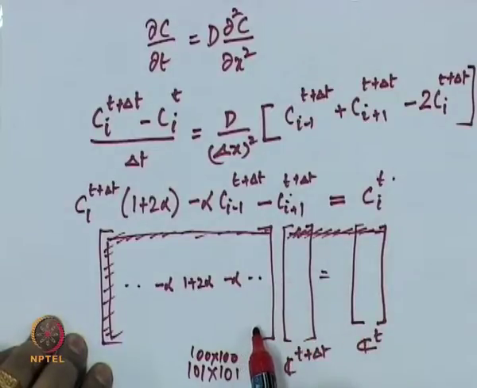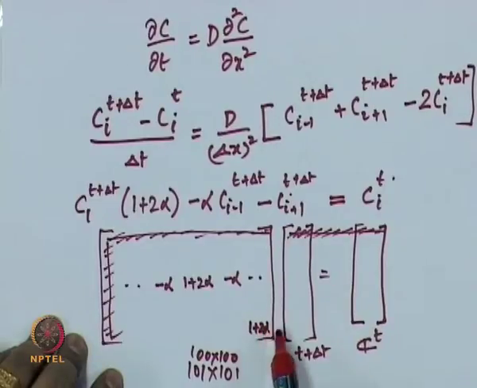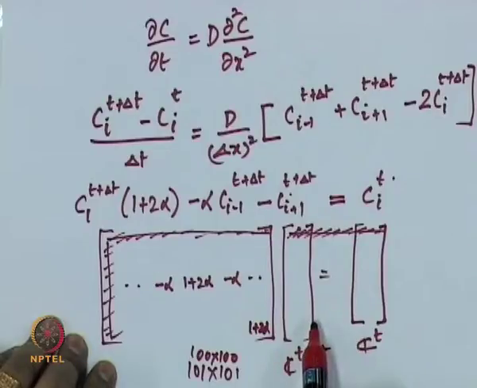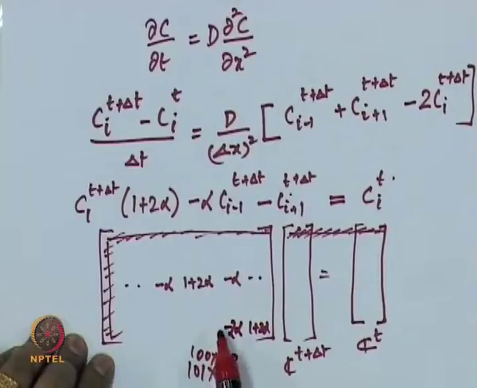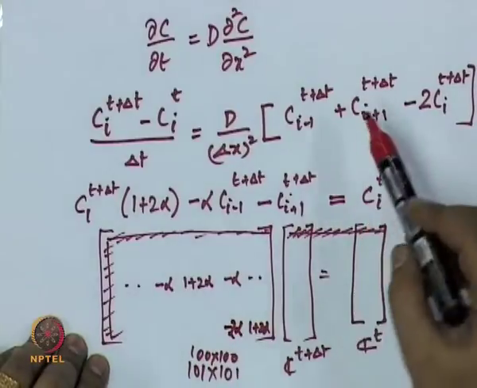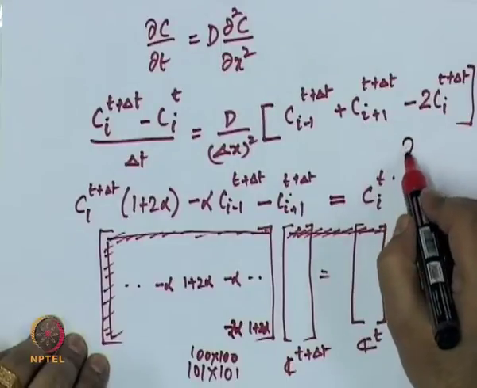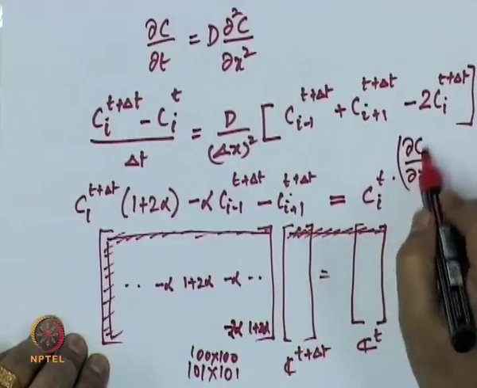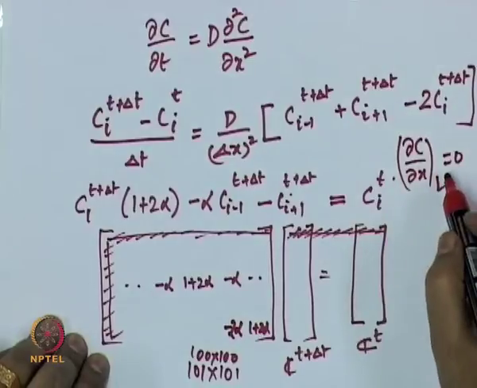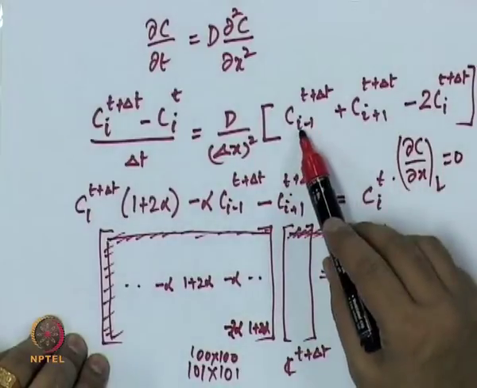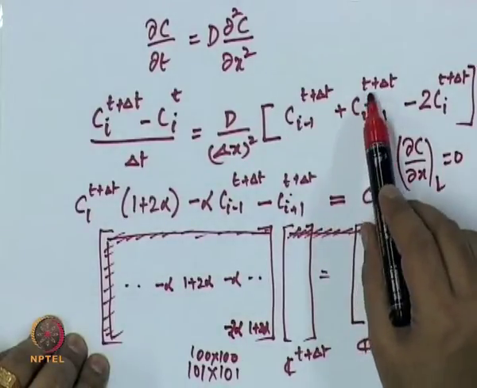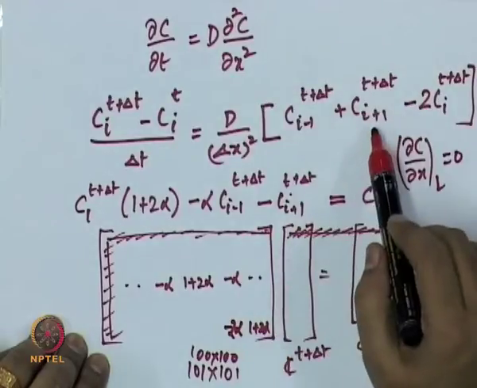We still have a problem, because when you come here, 1 plus 2 alpha you have a minus alpha to the right of it, which is not there, but you have a minus alpha here, that is going to become minus 2 alpha. Why? Because remember, when we implemented dC by dx at L equal to 0, that implied that Ci minus 1 and Ci plus 1 at this point are the same.